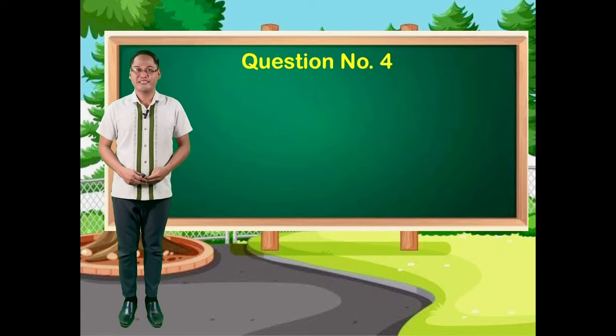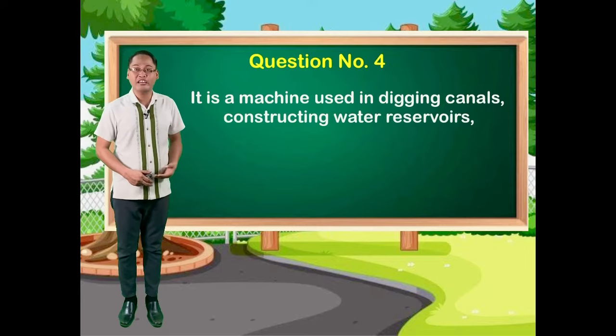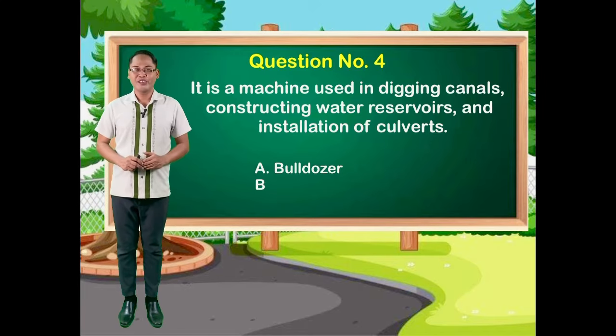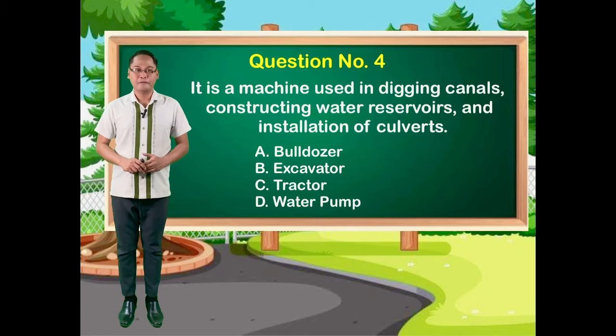Fourth question. It is a machine used in digging canals, constructing water reservoirs, and installation of culverts. A. Bulldozer. B. Excavator. C. Tractor.